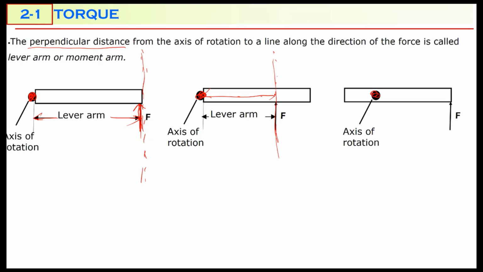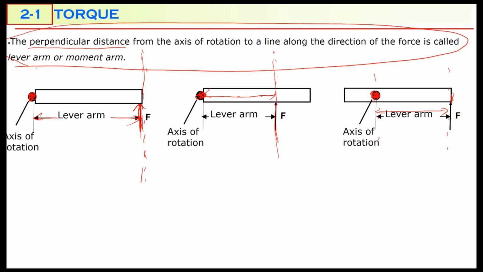On the third one, I applied the force to the tip, but put the axis of rotation not at the edge, somewhere close to the middle. So this time, the perpendicular distance from the axis of rotation to a line along the force is going to be this. This is the lever arm for the third picture. So this definition is important.